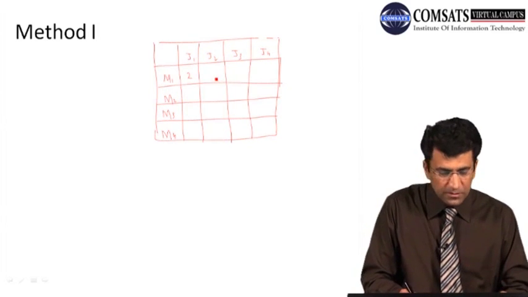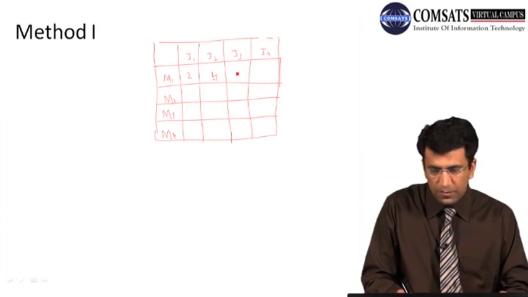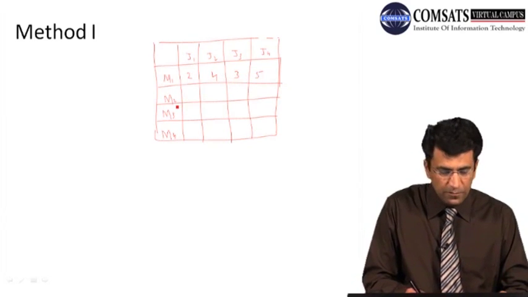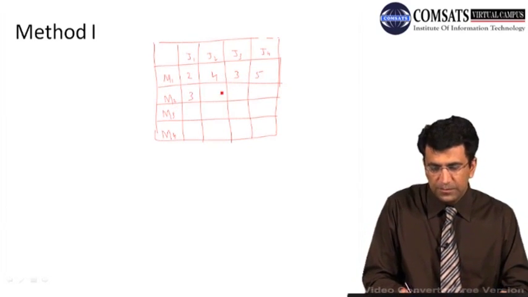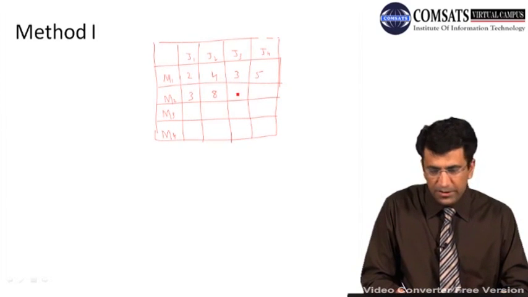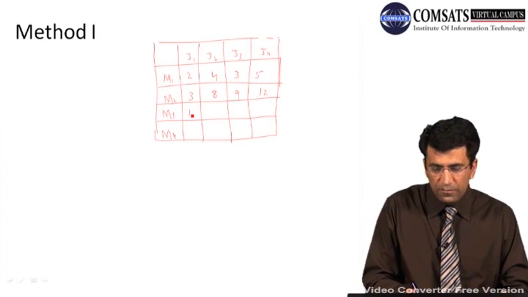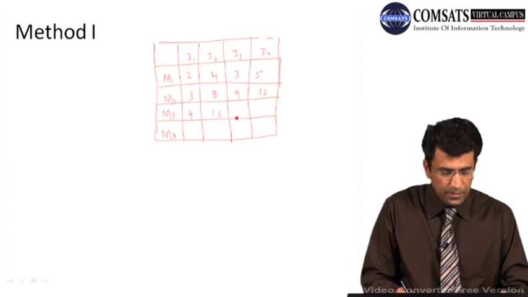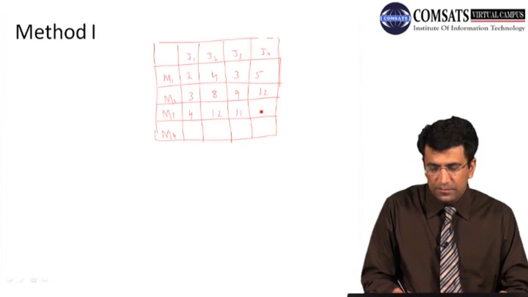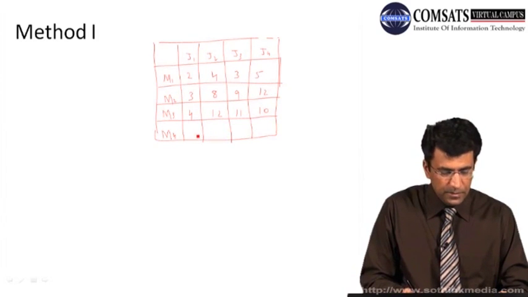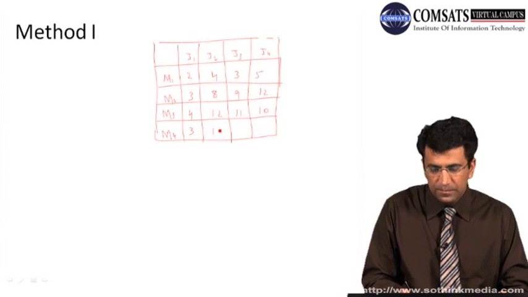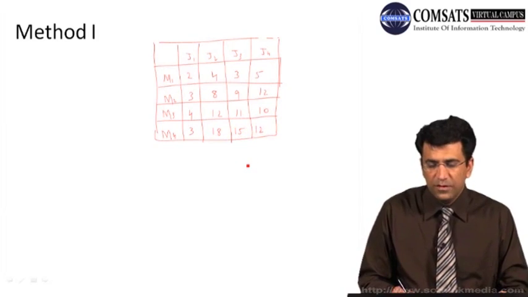These are the different profit margins: 2, 4, 3, 5, 3, 8, 9 and 12, 4, 12, 11 and 10, 3, 18, 15 and 12. This is the matrix we are given.